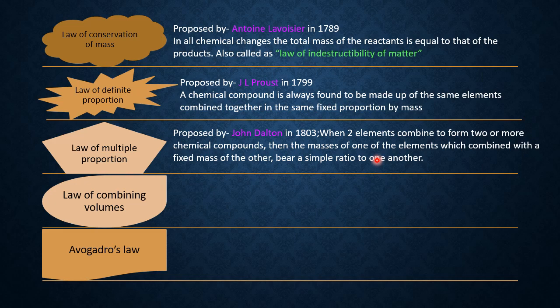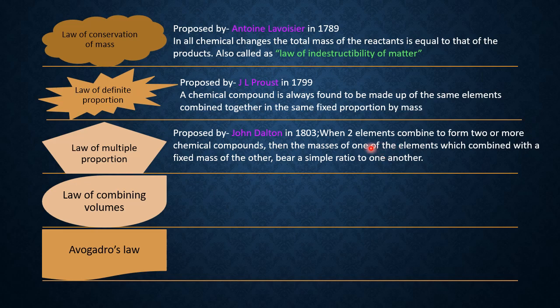Now, one more example, a better example to understand this. When hydrogen and oxygen combine to get two molecules, water and hydrogen peroxide, H2O and H2O2. In H2O and H2O2, the mass of H2 is fixed, but the mass of O is not fixed. Why?